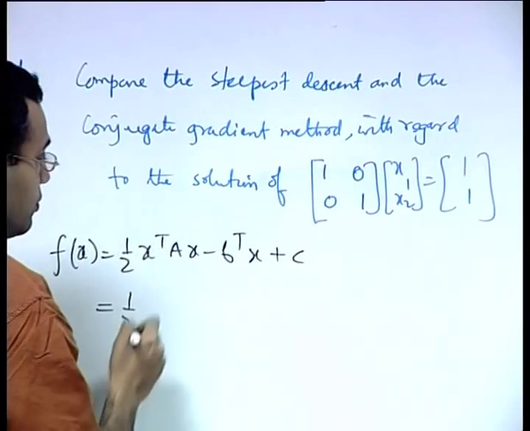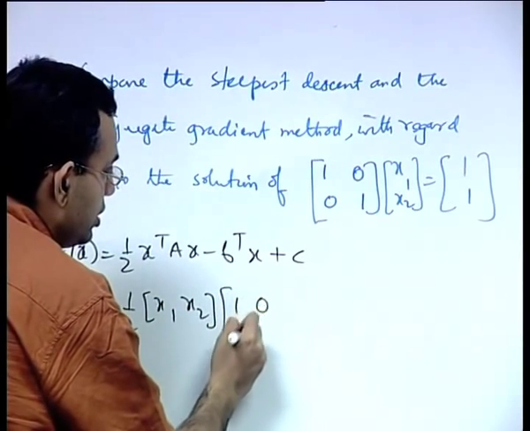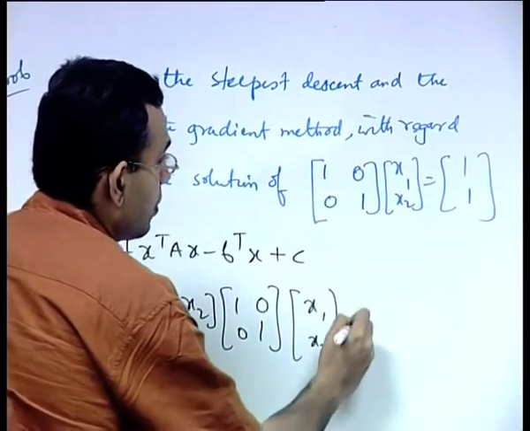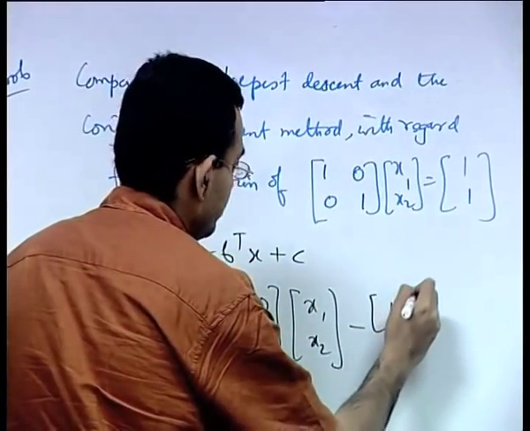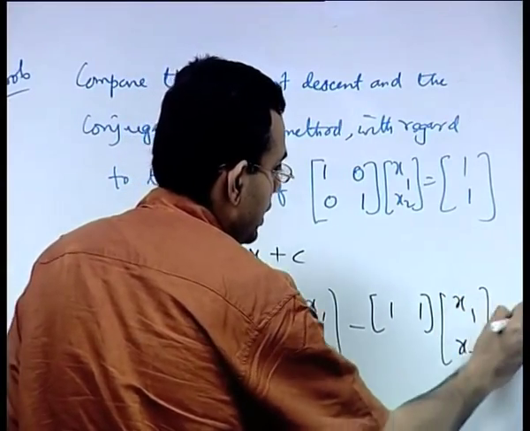So half of x1 x2 into 1 0 0 1 x1 x2 minus b transpose x plus c.